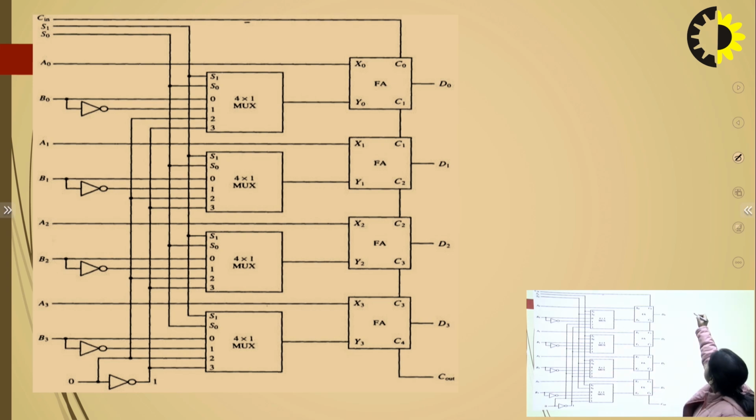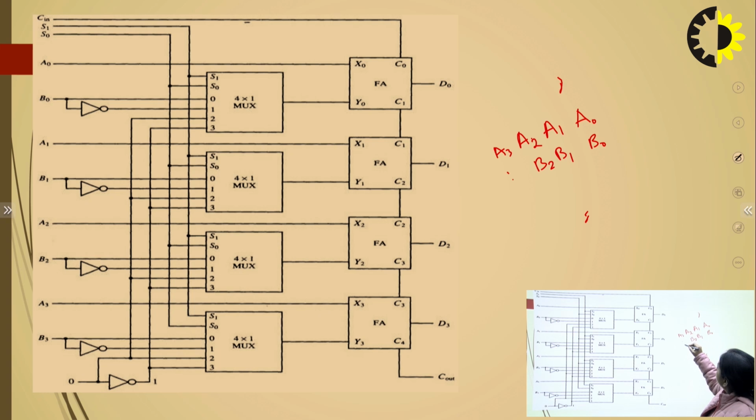It is going to perform the operation on two numbers, A0, A1, A2, A3 and B0, B1, B2 and B3.